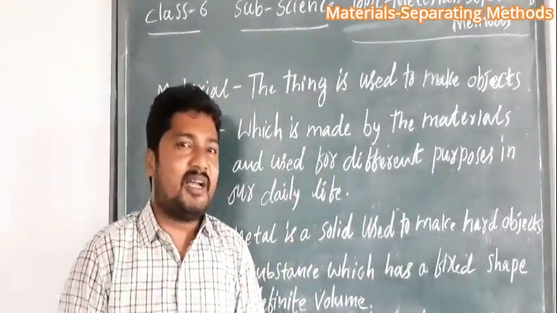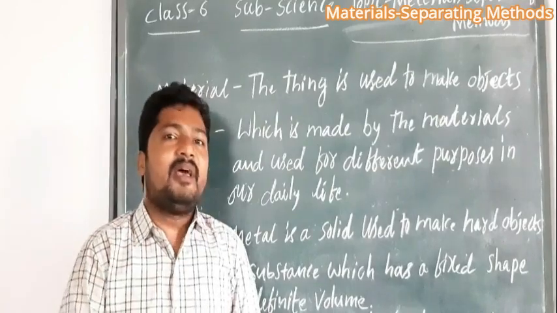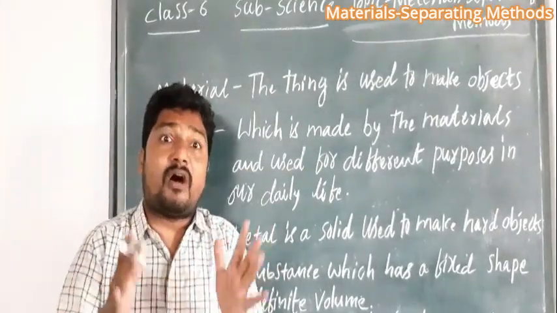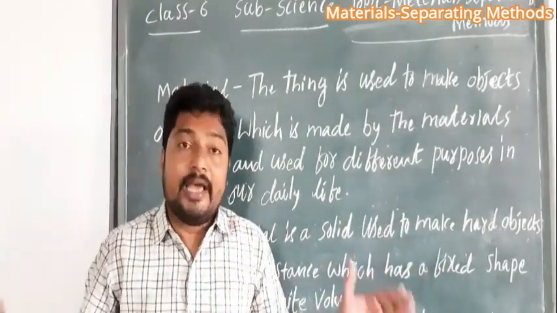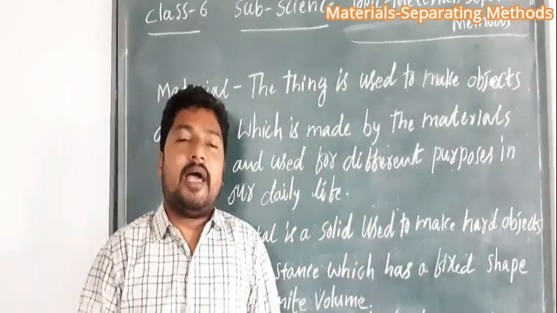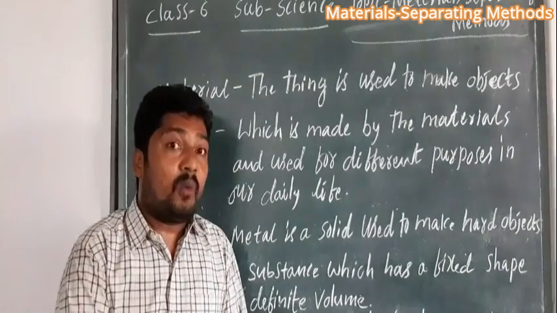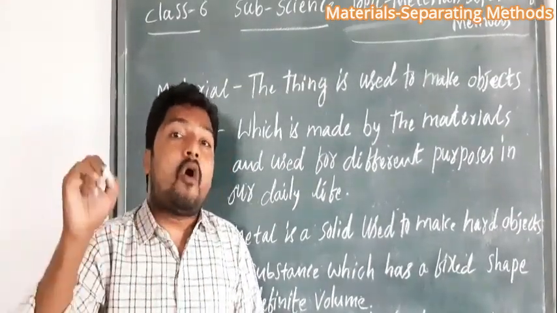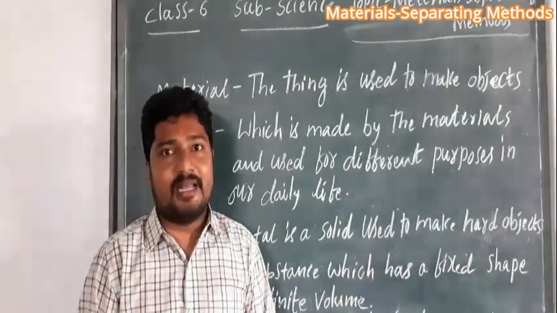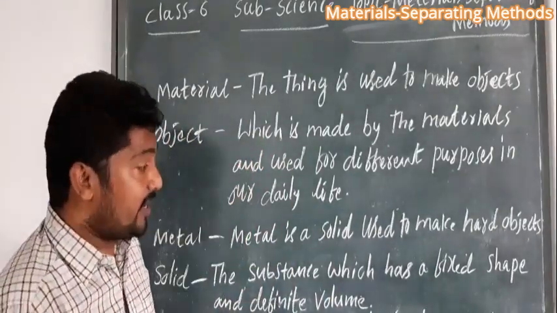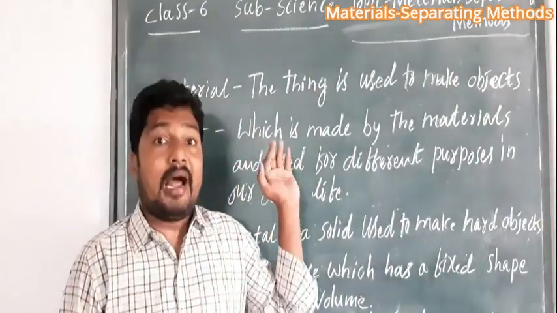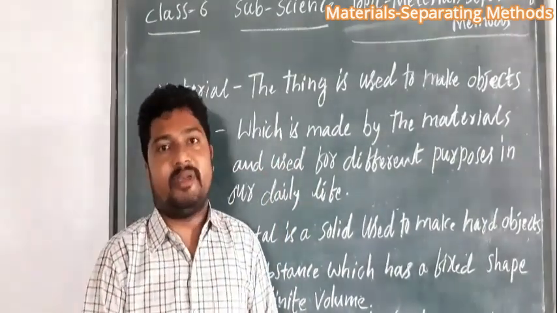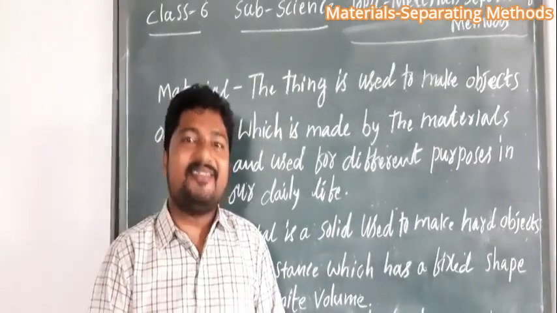Write it in your notes as HW, and pick some objects in your surroundings, especially in your house, and write what materials are used in that object. Am I clear, children? First, everybody read this carefully and understand. Write down in your HW and send it to me. Have a nice day. Thank you.